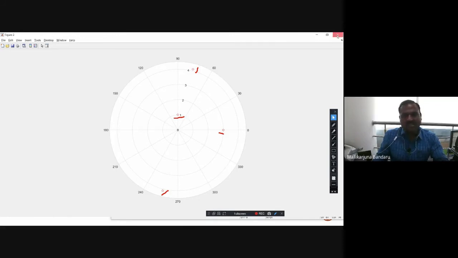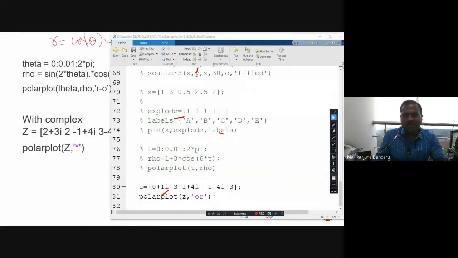Similarly, ezplot. Let me restrict this. Actually, we have ezpolar. Polar in inverted commas. Suppose let me take sine power 4 theta. Okay. ezpolar of sine power 4.